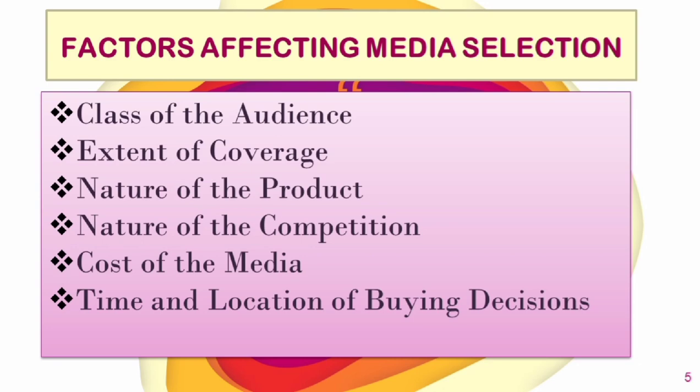The location of the audience and the time by which it should reach them must also be looked into. This consideration also enables the advertiser to keep his retail outlets in the proximity of the customers. These are the factors affecting the media selection.